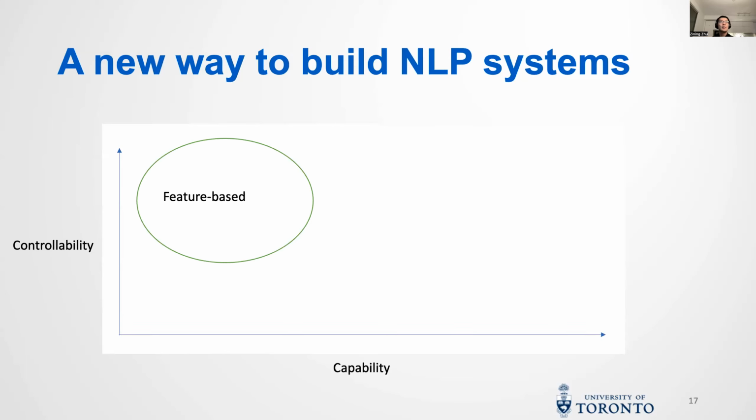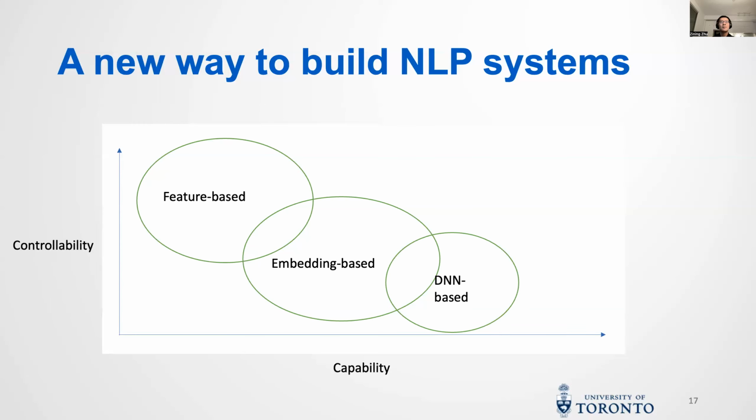The classic feature-based natural language processing systems are very stable. They are very controllable, but many times their capabilities are on the lower end. The embedding-based systems have better capability and, sadly, less controllability. The deep neural network-based systems essentially replace the embedding with a large neural network. Some examples include BERT plus sequence classifier and GPT-2 with sequence classifier.